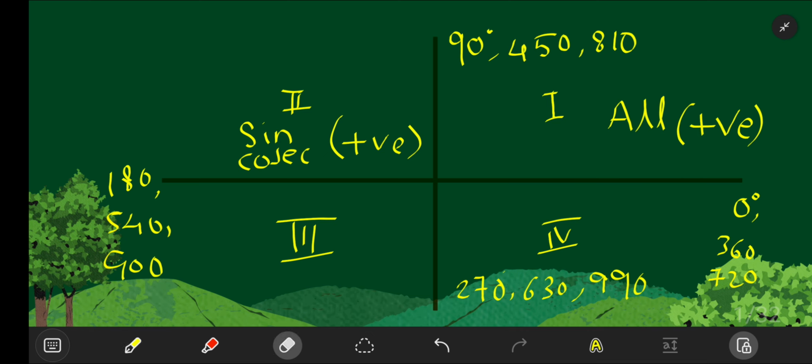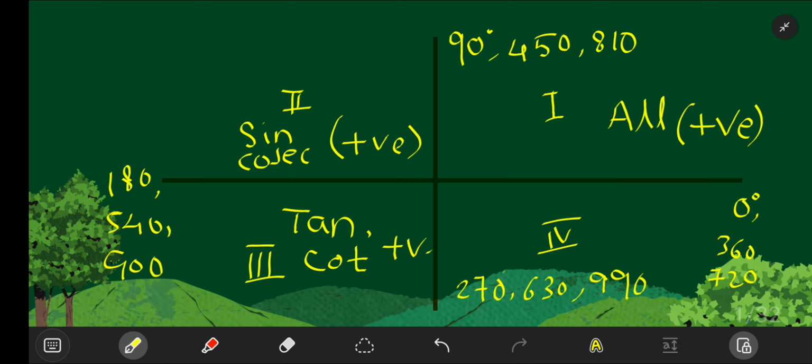Next, third quadrant. Here, tan and cot are positive. Tan and cot are positive in third quadrant.